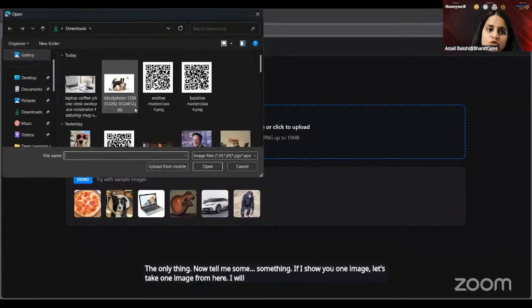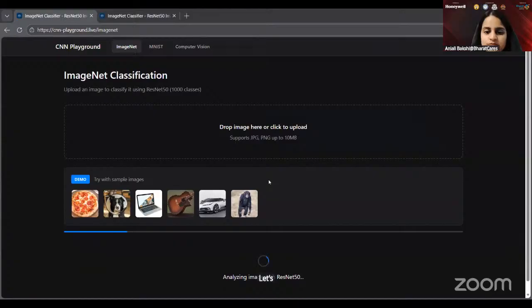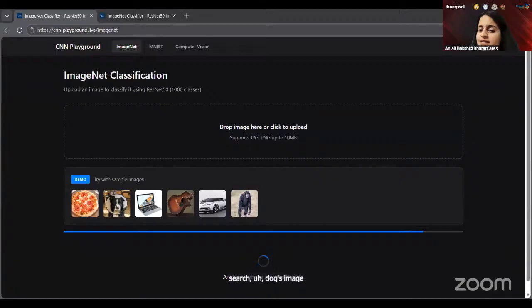I will show that image also and the other one also. Let's take this image. You can take any image from the internet or your gallery and you can upload it. You can go on Google, search a dog's image or a cat's image, and you can upload it.